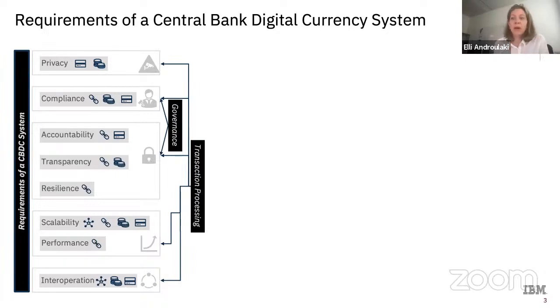So, for example, some threshold of cash that a particular entity in the system should own, or an upper bound of this sort. So who should be authorizing the issuance of new money into the system, and so on and so forth. So governance has its own subsets of requirements to address, again, around compliance, privacy, and accountability, but also resilience.